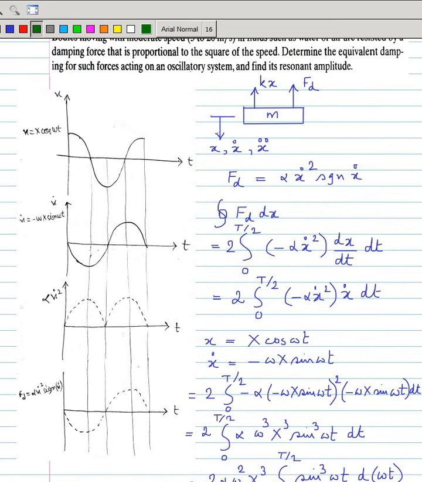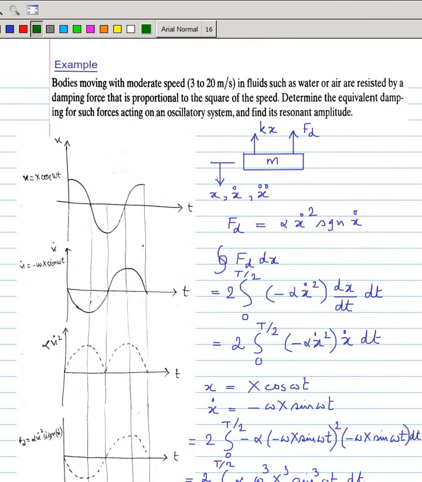So here we assume again that the body is moving in a harmonic way, that is x equal to X cos omega t. You can select X cos omega t or sin omega t, whatever. Here is the mass, and in this direction x dot and x double dot.